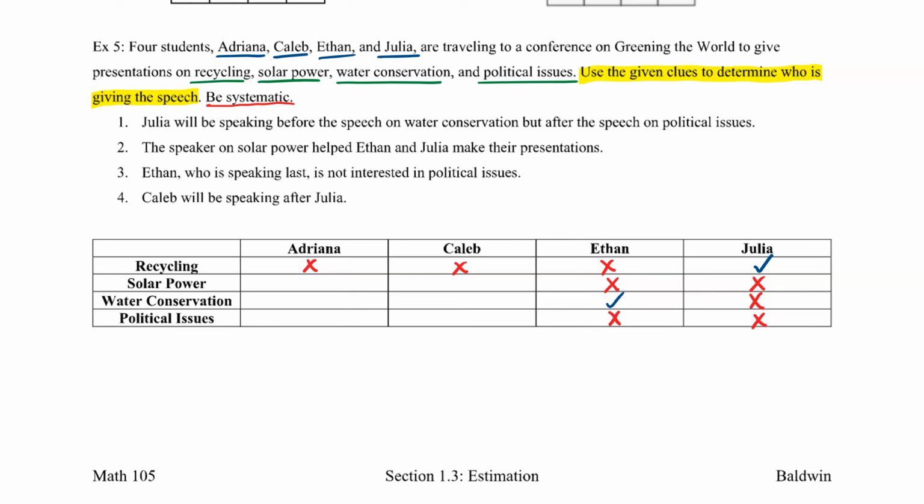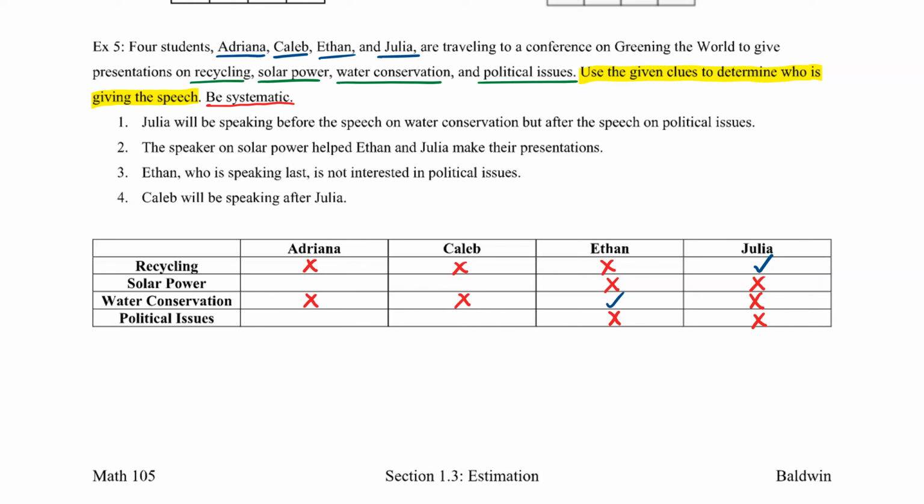Our last clue is Caleb will be speaking after Julia. Might not seem very helpful at first, but let's think on that for a second. We did say Ethan was doing water conservation, so that means Adriana and Caleb are not.